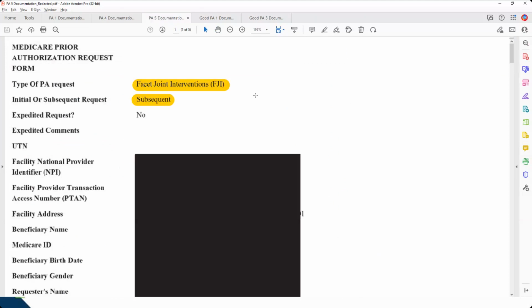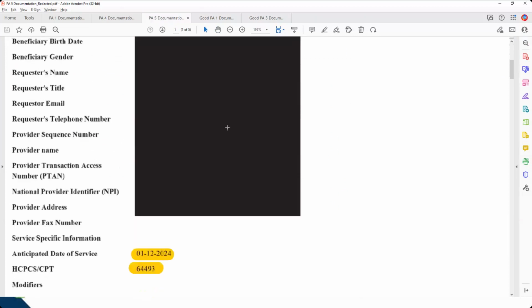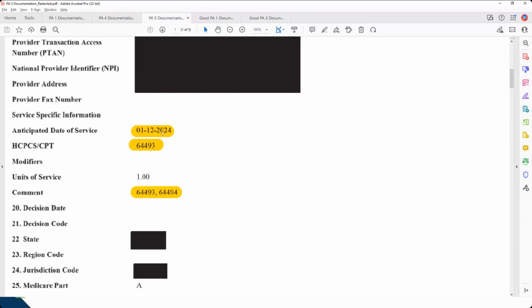So again, another example, this one is coded appropriately for facet. And we have an anticipated date of service of January 12th of 2024. And we've got the CPT code 64493. And then in the comments, they just put 64493 and 64494 for this one unit of service.